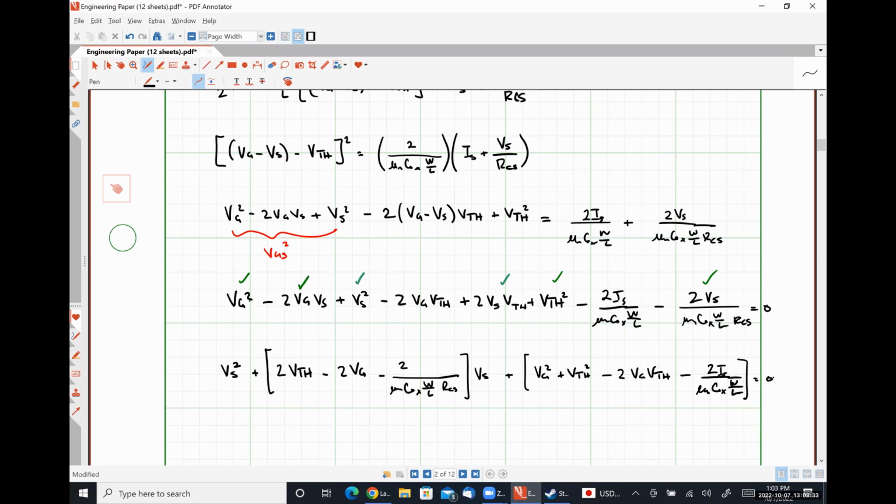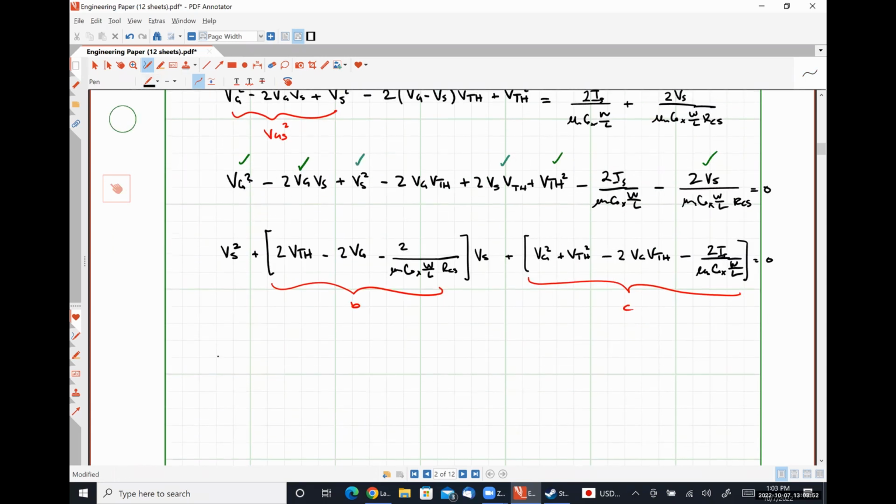I put it in this form so that we can see it's a quadratic function, where this bit is B, this big thing here is C.